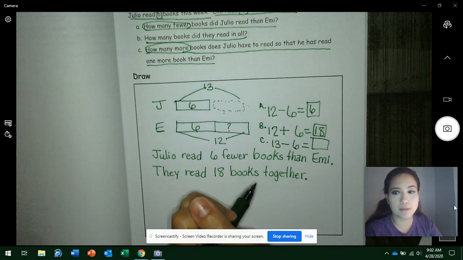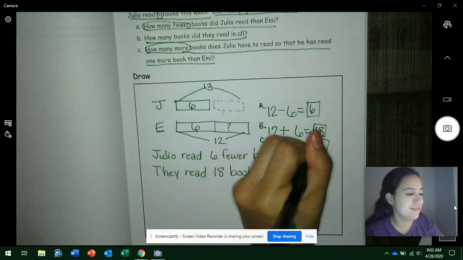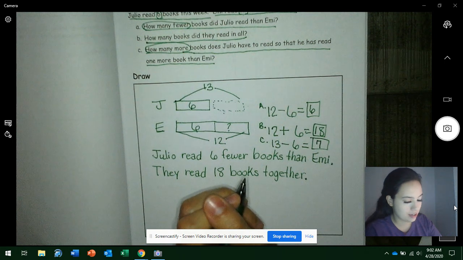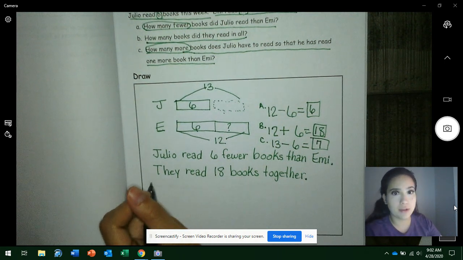I'm going to give you a few moments to think about it. Get ready. 7. Very good. So now we can write our statement. Ready? I write, you write.